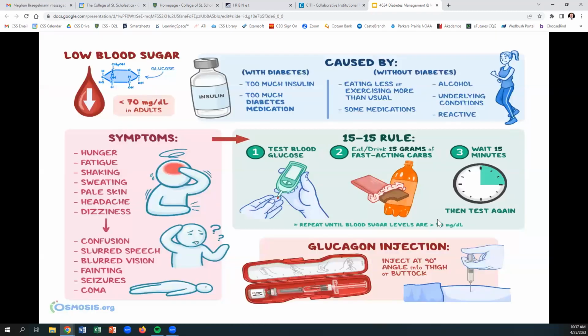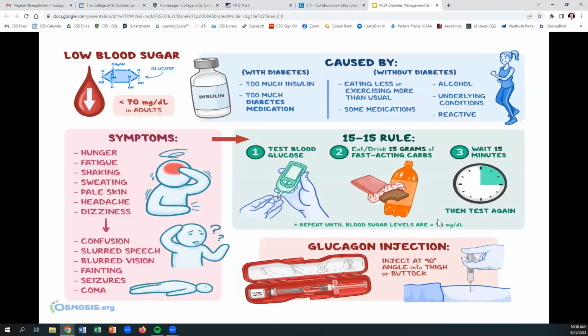All right. So low blood sugar can be caused by a bunch of different things. If a person has diabetes, oftentimes low blood sugar is caused by too much insulin. Somebody did the math wrong and they give themselves too much insulin. Or maybe they're a type 2 diabetic and they gave themselves too much oral medication.